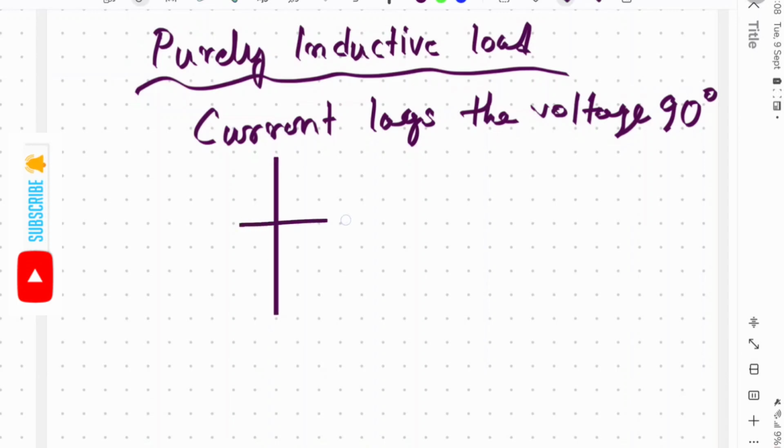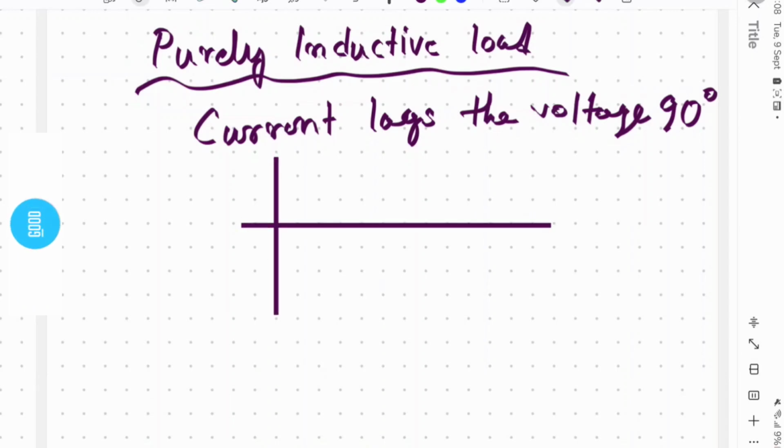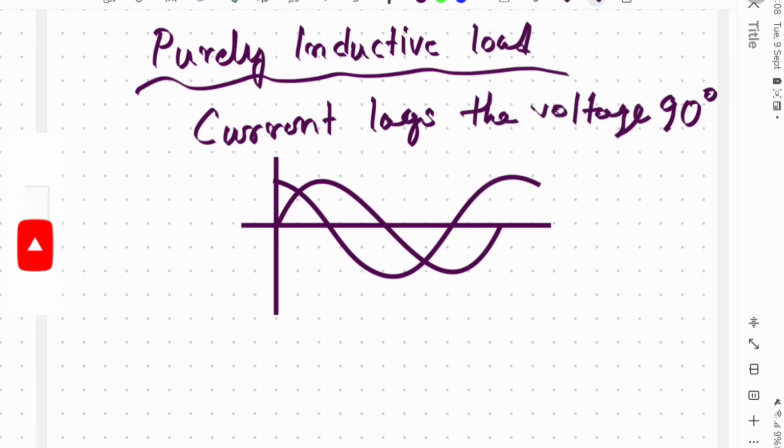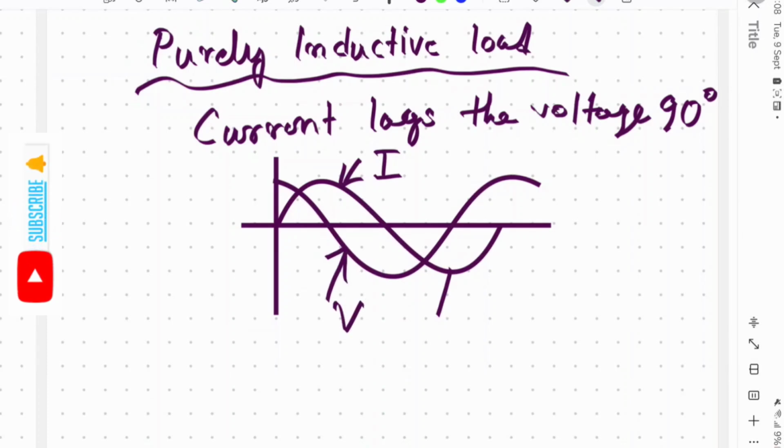If we draw the waveform, there are two waveforms. This is the current waveform, and this is the voltage waveform. Here the voltage leads the current by 90 degrees, or the current lags the voltage by 90 degrees. It is 0, 90, pi, 2 pi.